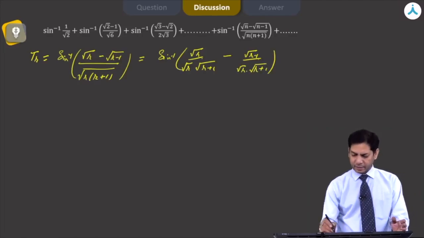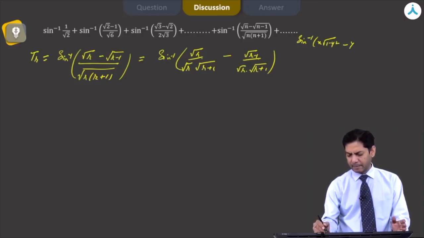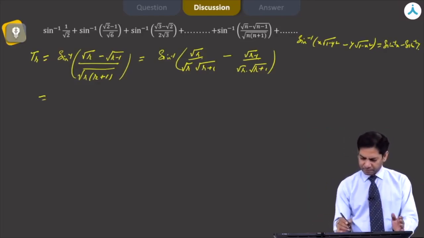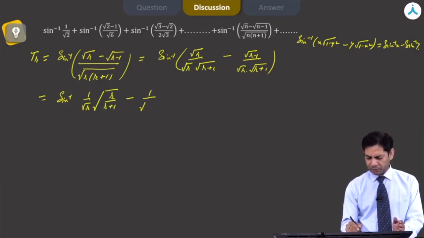So here we should be trying to get this in the format of the formula sine inverse of (x root 1 minus y square minus y root 1 minus x square) is equal to sine inverse x minus sine inverse y. With that intention, we cancel out and write it as sine inverse of (1 by root r multiplied by r upon r plus 1, minus 1 upon root of r plus 1 multiplied by root of r minus 1 by r).